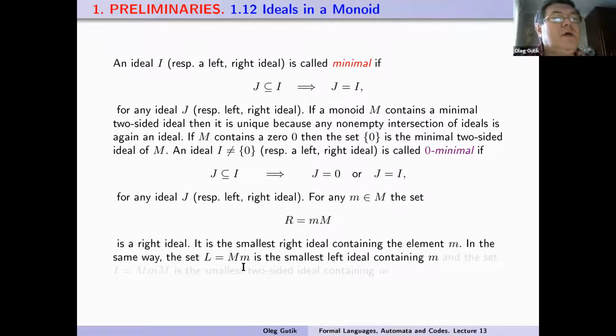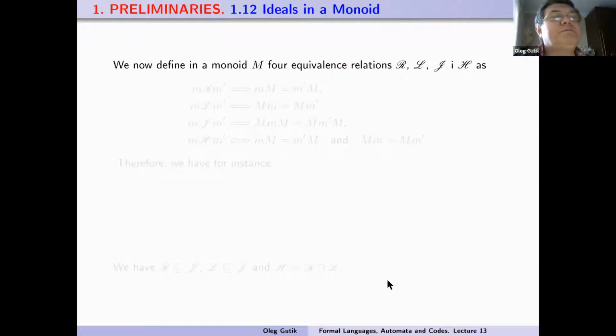In the same way, the set L, which is equal to Mm, is the smallest left ideal containing the element m, and the set I, which is equal to MmM, is the smallest two-sided ideal containing the element m.